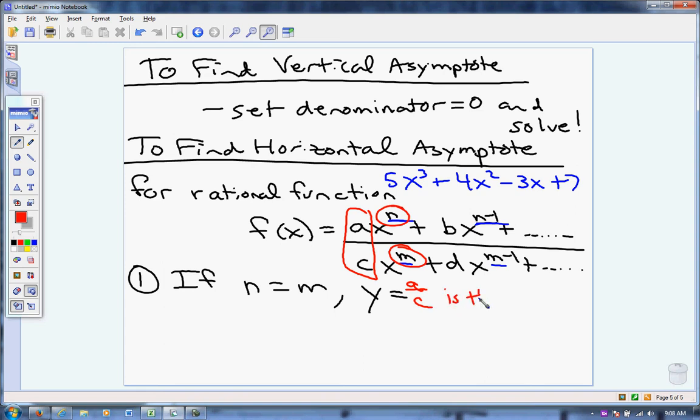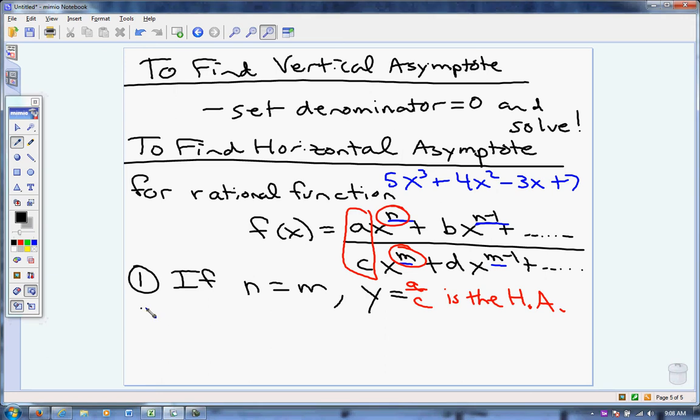Y equals A over C is the horizontal asymptote.